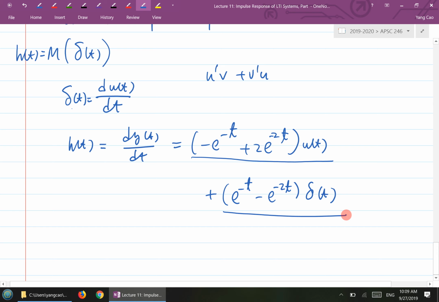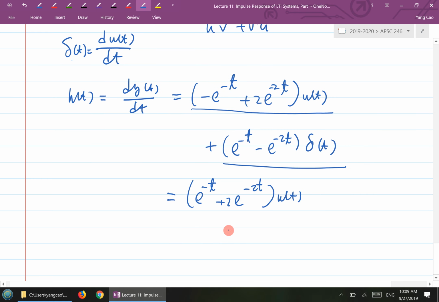This is actually making use of another property of the impulse response. Any function times the impulse, because the impulse signal only exists at t equal to 0. So for this term, what do I do?